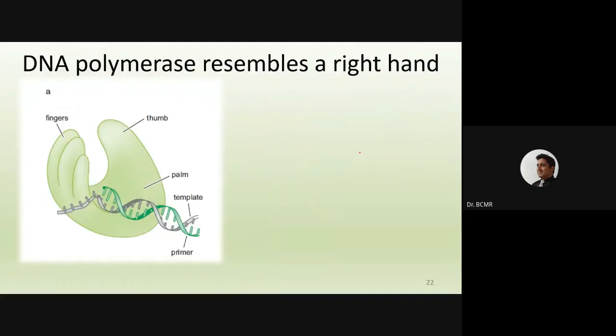So I hope you remember that we also discussed yesterday that for DNA polymerase, you can put your right hand in this shape, and this is the thumb region, palm region, and then the fingers region. They're just for our understanding. So the DNA primer template junction is usually like this.